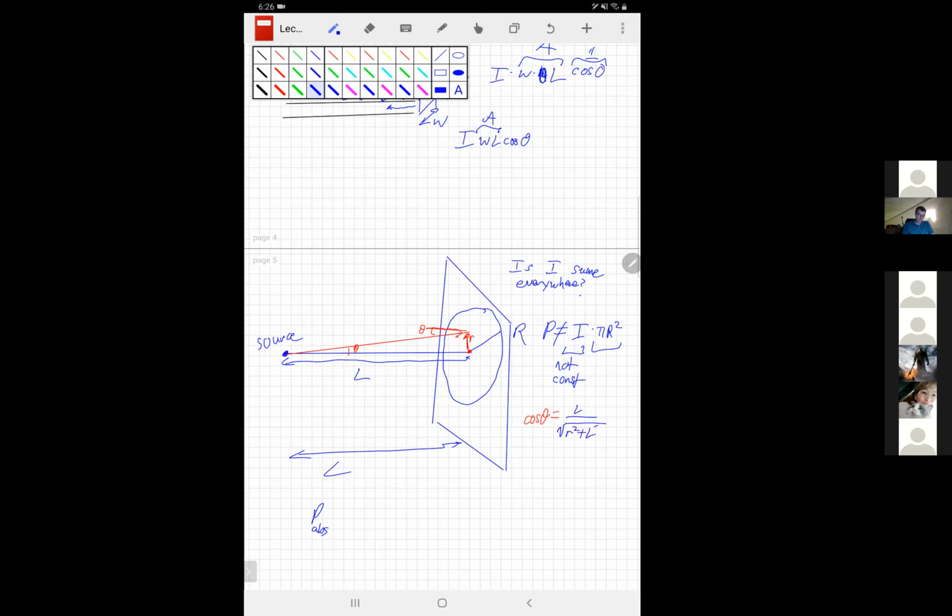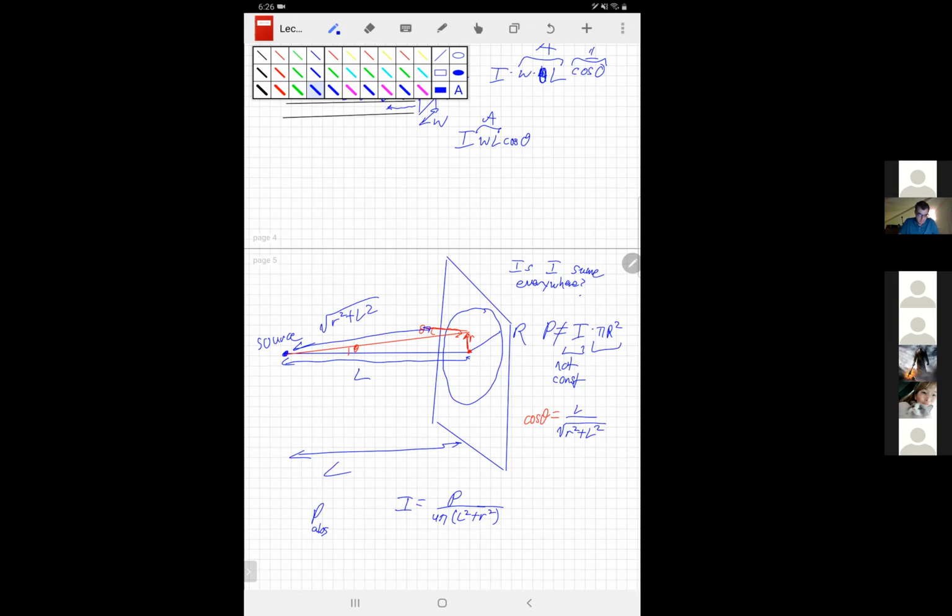Because the distance from the source to the surface is the square root of r squared plus L squared. All right, so that's cosine theta. The intensity is going to be P over 4 pi times that squared distance, which is L squared plus r squared. And we have to integrate that over every single point in the surface.